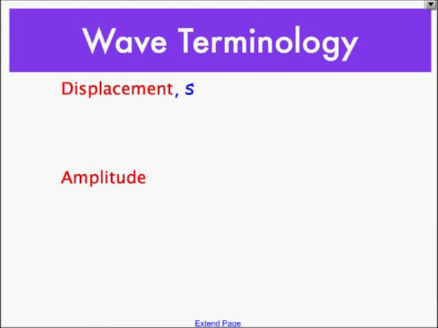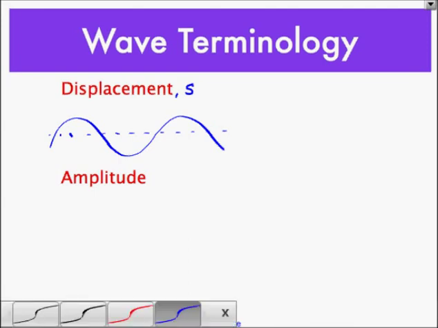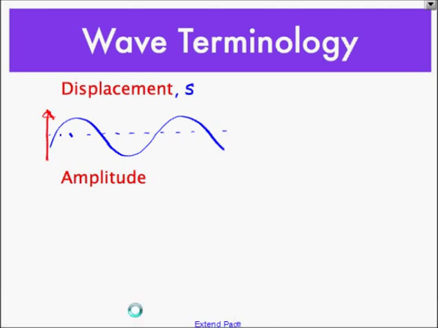So looking at some wave terminology, displacement is your displacement from the mean position of the particle. So let's say we're looking at a transverse wave like this. There's the mean position along there, and the height up and down is your displacement from this mean position.